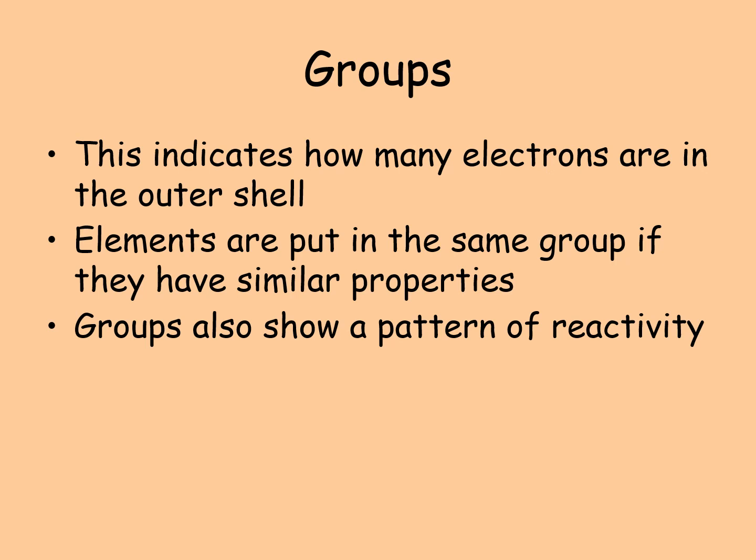And these elements all are very reactive metals. Okay, excluding hydrogen at the top. And the reason they are so reactive is because they only have one electron in their outer shell that they want to get rid of. Okay, so they all have similar properties, and as you go down that group, they become more reactive.